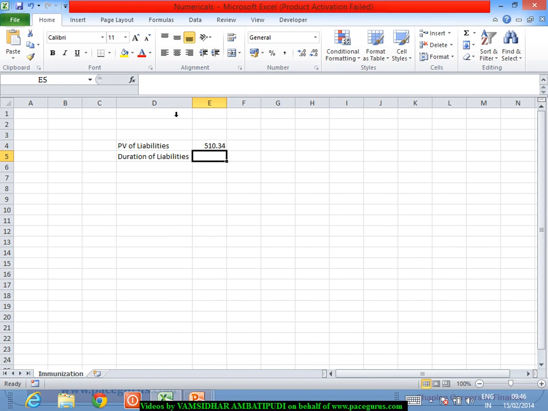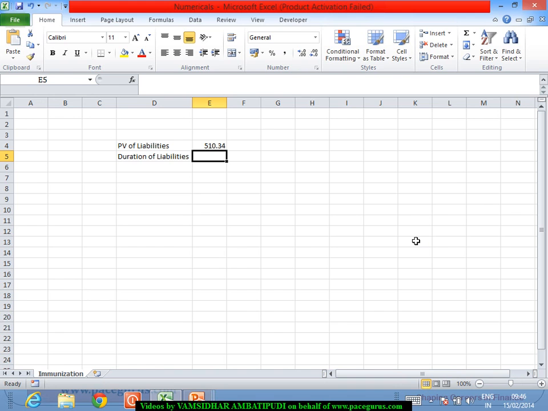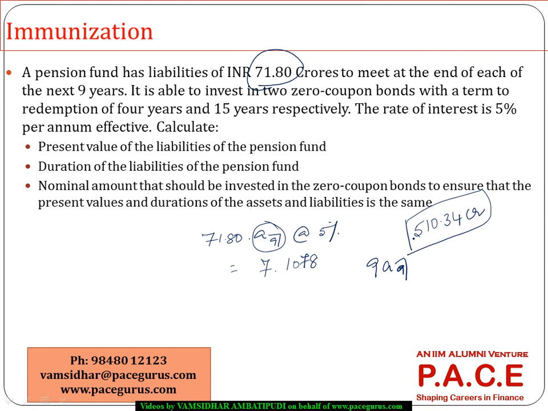The duration of the liabilities is nothing but 9 times, because I am looking at not a single time payment.